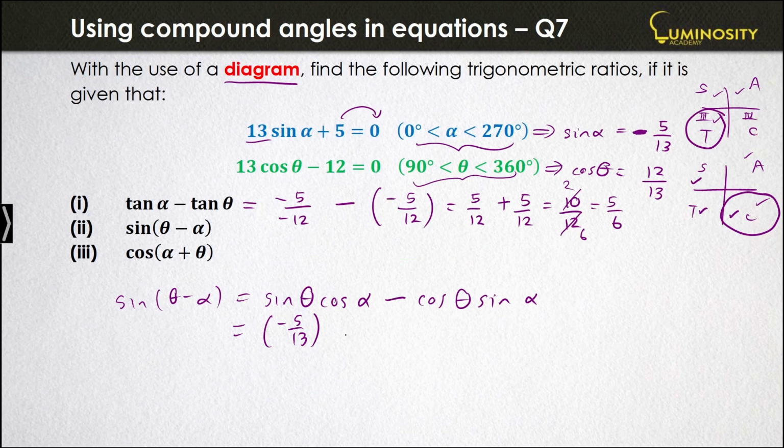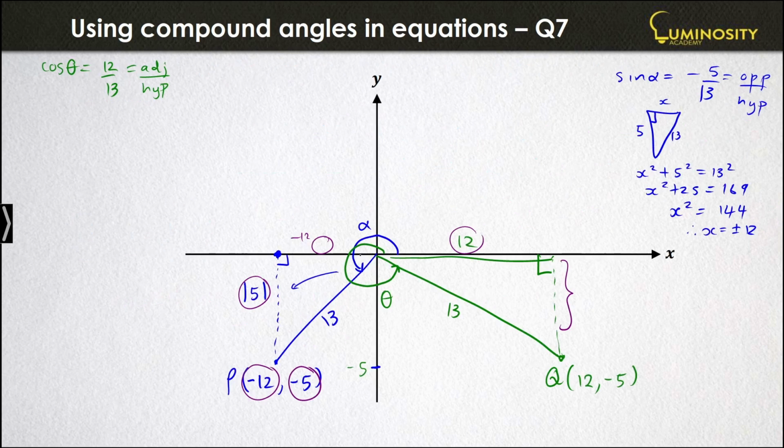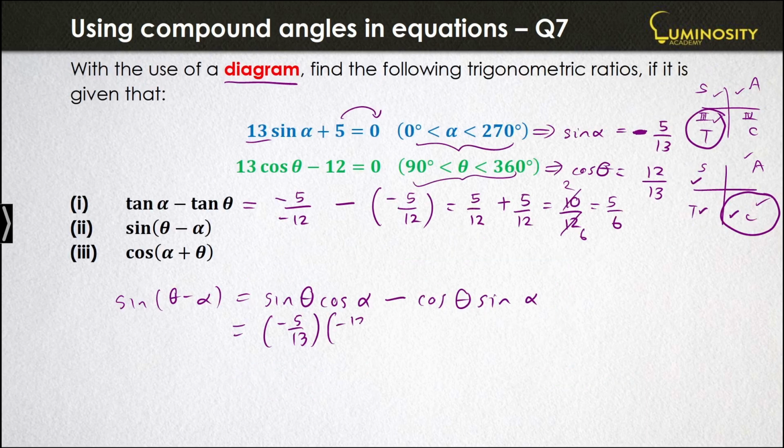Then cos alpha is adjacent over hypotenuse, so that's negative 12 over 13. Minus cos theta, that was 12 over 13, we were given that, and then sine alpha was negative 5 over 13.